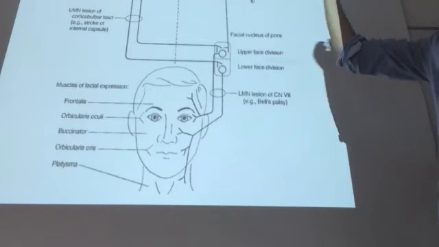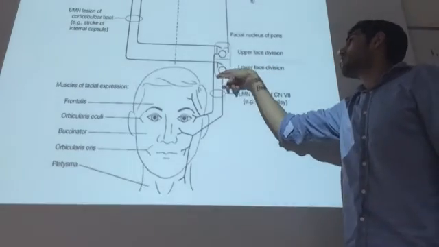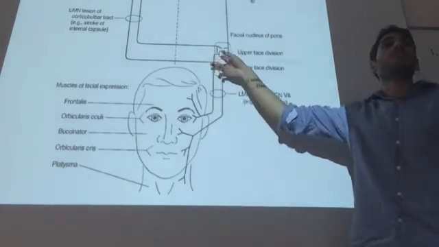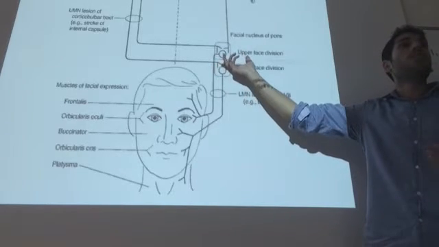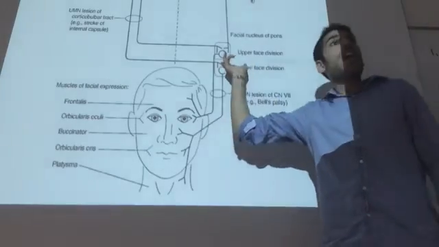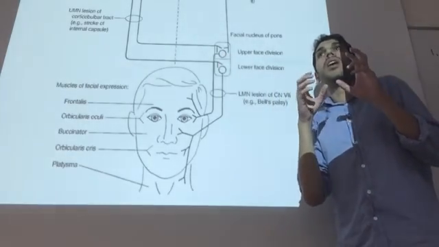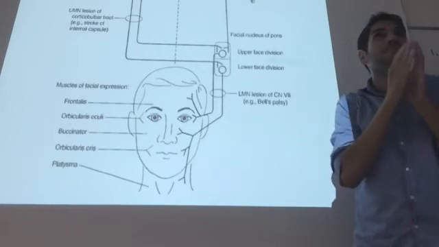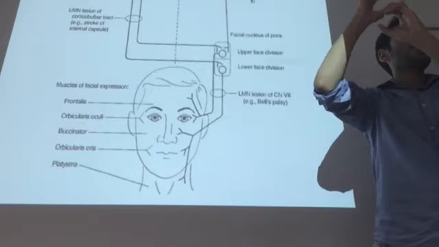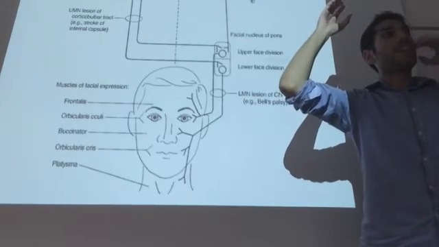It's going to send motor signals to the facial nucleus, which is located in which level of the brainstem? Pons, exactly. Okay, and the motor part of the facial nerve has two nuclei. A forehead part and everything lower than the eyes part.